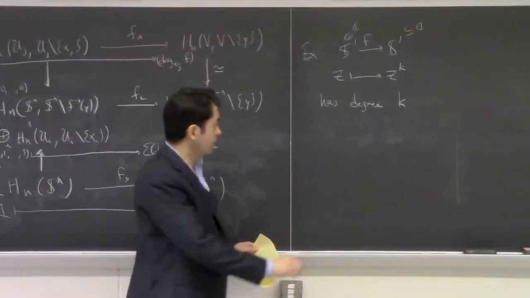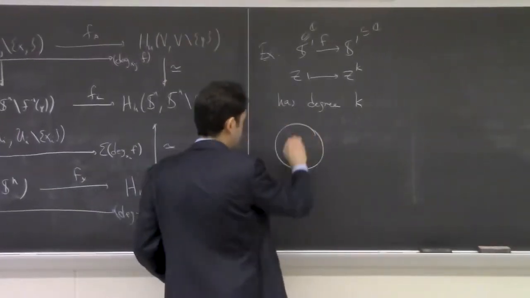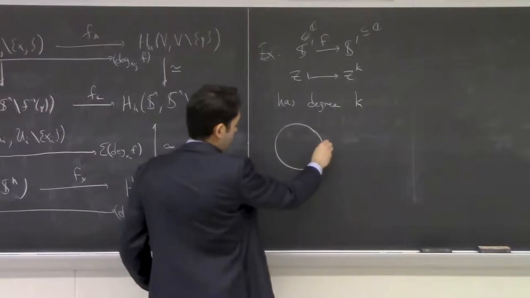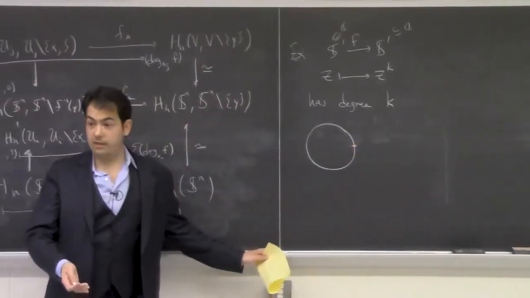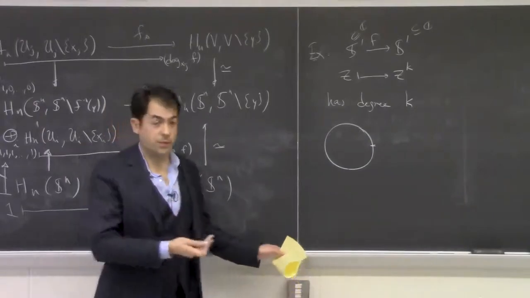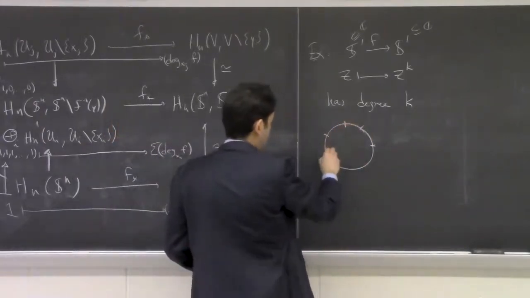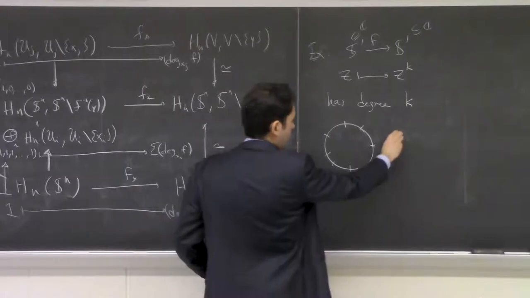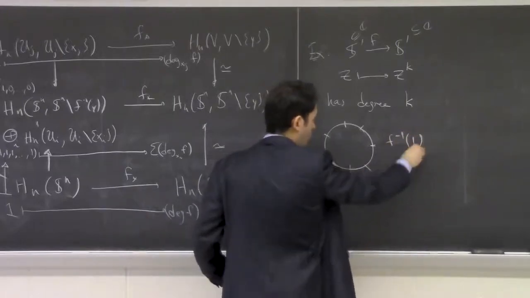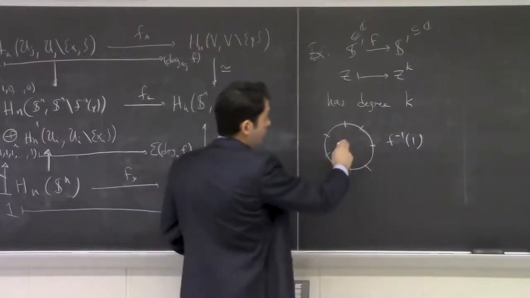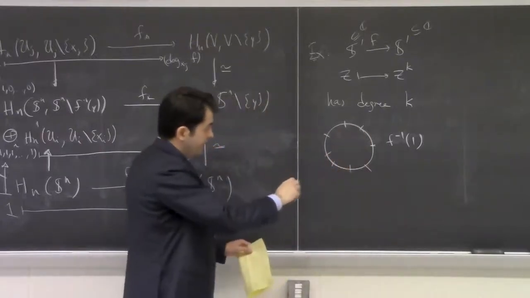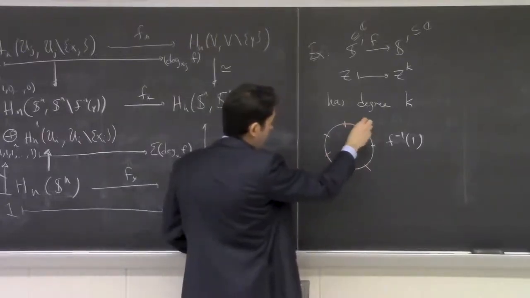So how do we know? Well, for example, take the inverse image of 1, and you'll get the kth roots of unity. So f inverse of 1 is the kth roots of unity.